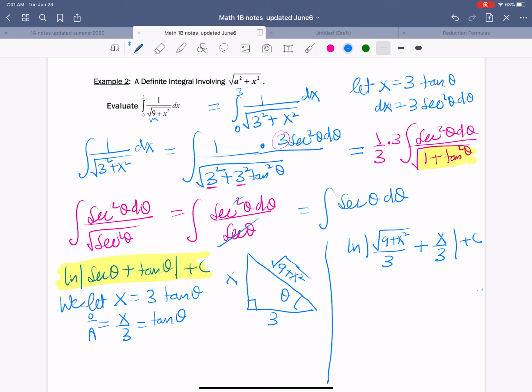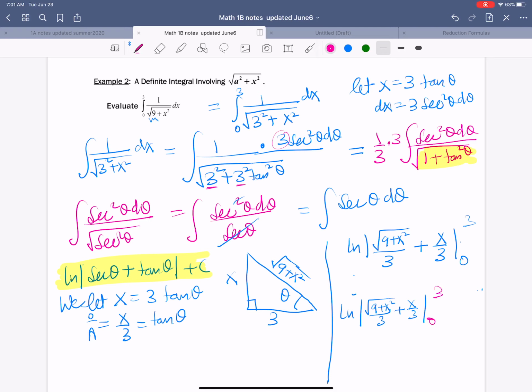Do not forget, we need to bring our bounds. We had the bounds going from 0 to 3, so go ahead and plug the bounds. Natural log of square root of 9 plus x squared over 3 plus x over 3. We did not need the c in this case because we have the bound from 0 to 3. So plug the bound from 0 to 3 now. Let's plug the upper bound, then the lower bound.